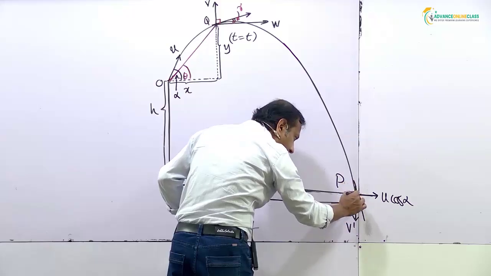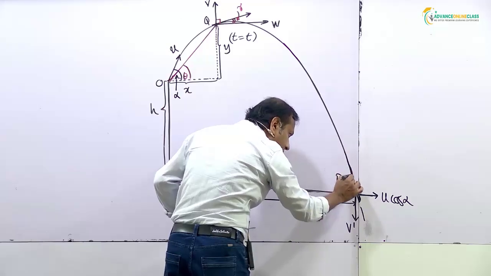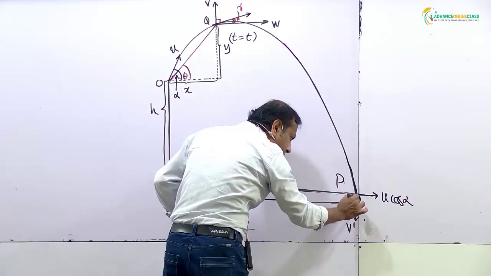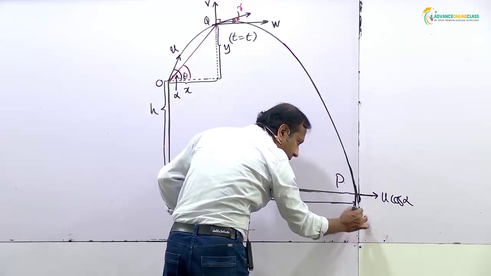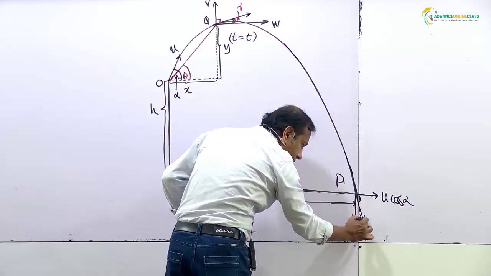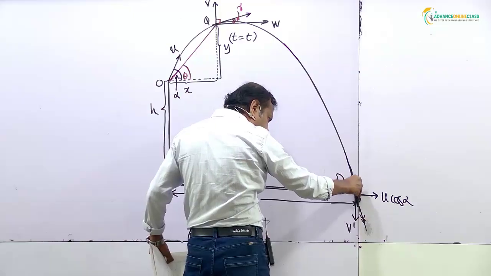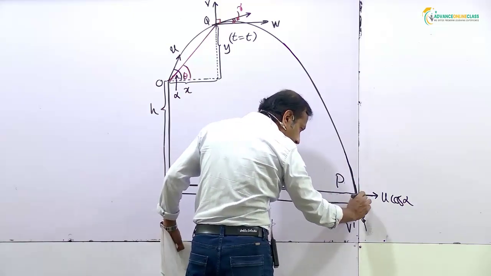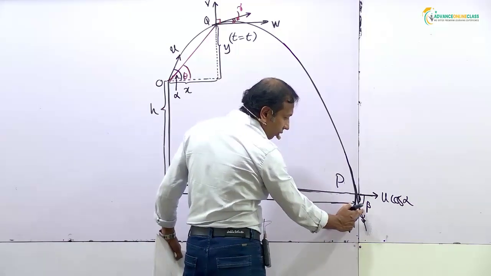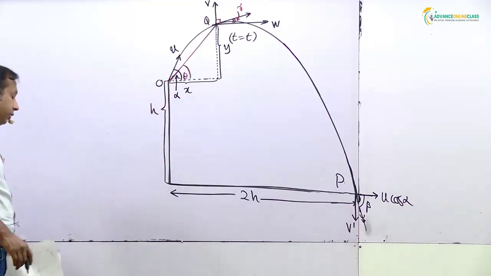When we construct a tangent, this is beta. Then tan beta is u cos alpha over v dash.